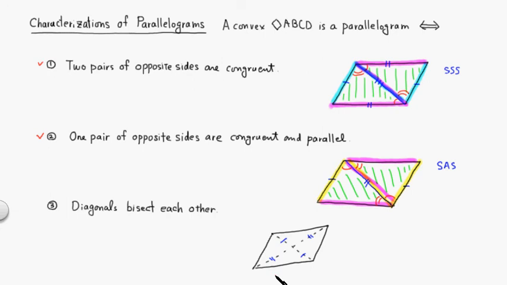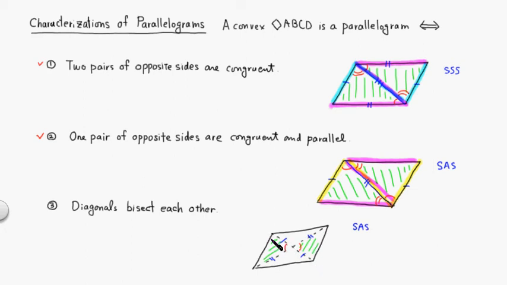Then you can look at this triangle right here and that triangle right there. Because these are vertical angles, they're congruent. So using side angle side, these two triangles are congruent.